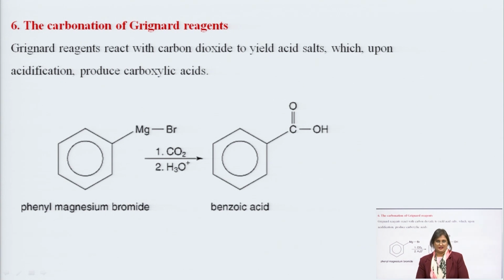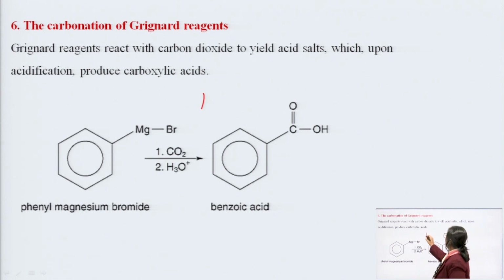The next reaction is, carboxylic acids can also be prepared via carbonation of Grignard reagent. Grignard reagents react with carbon dioxide to yield acid salts, which upon acidification produce carboxylic acids.